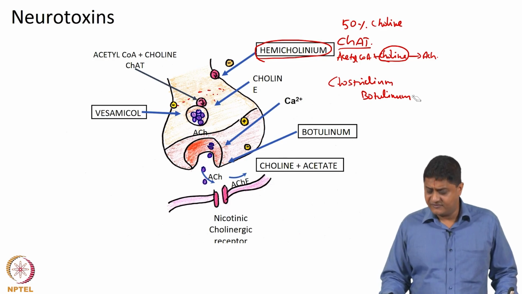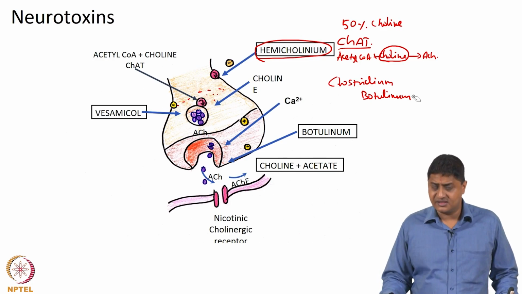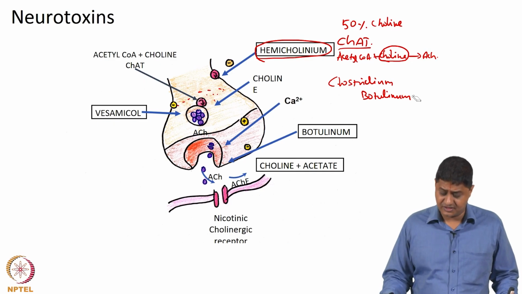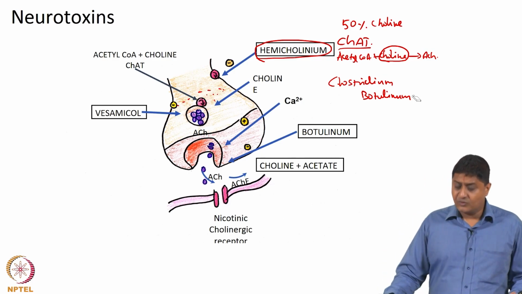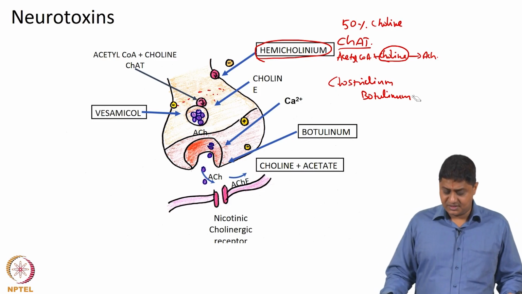There are several variations of this toxin, there are several forms of this toxin, but all of them have almost similar actions on the neuromuscular junction. What does it do, how is it synthesized, how is it produced, right.